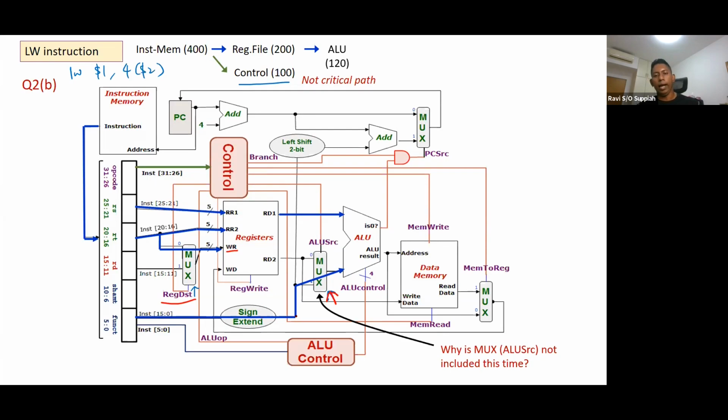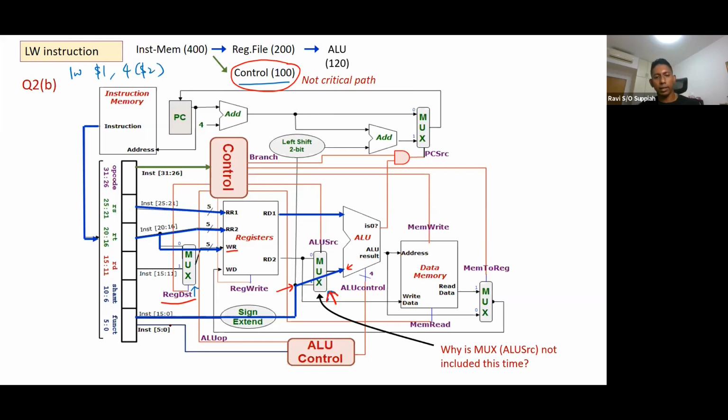And that tells us that this data would be ready at this point much earlier than the register file. And since the control unit is also faster than the register file, I will be able to generate the correct ALU source signal and have the data standing by at the ALU ahead of RD1 being ready.